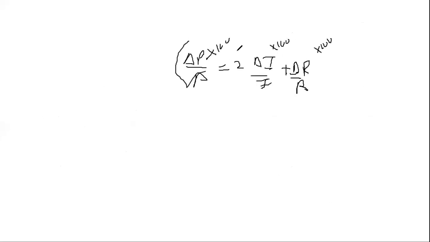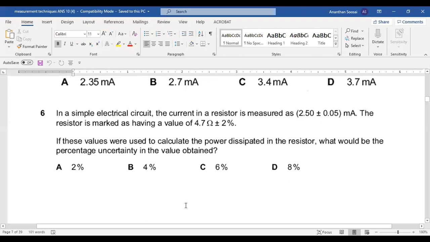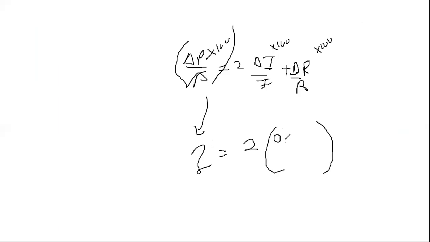So we are looking for this. So 2 changes of I over I times 100% is... anyone, what do you want? Are you forgetful? 0.04. 0.05 over 2.5, right?